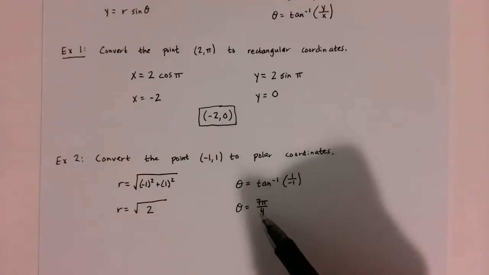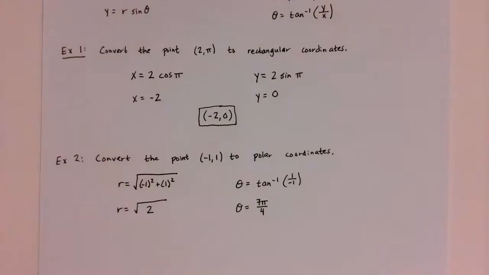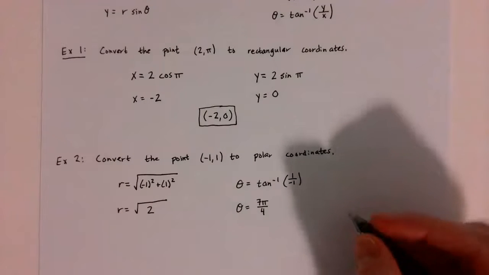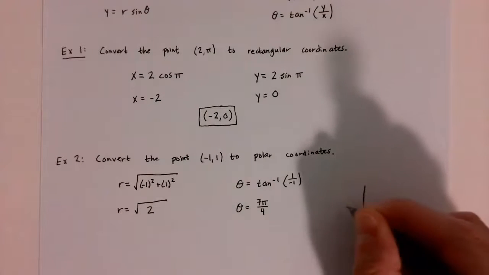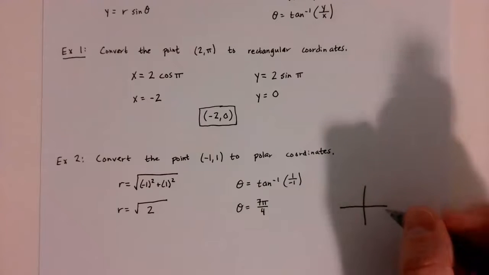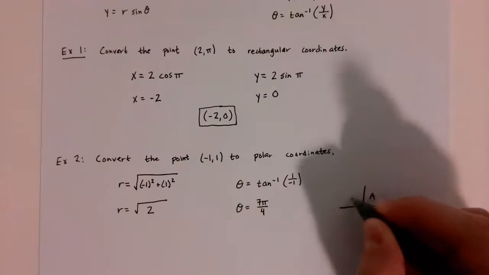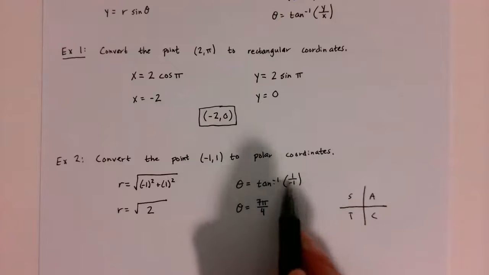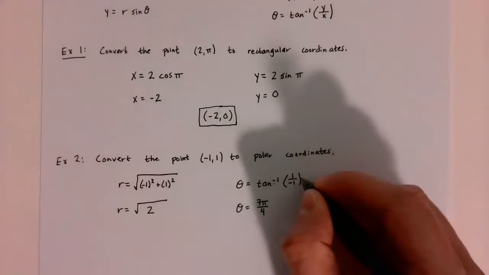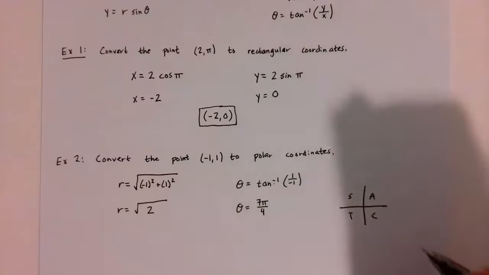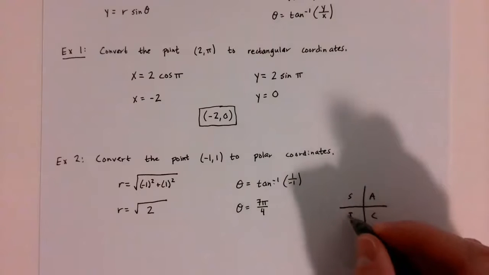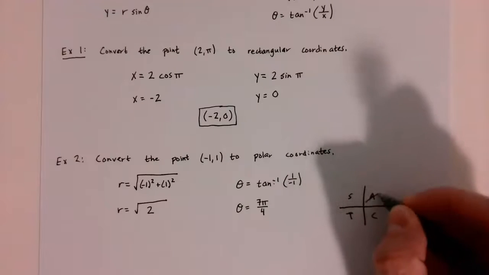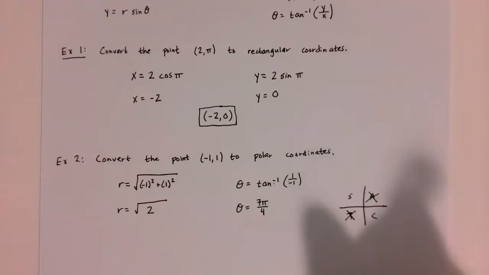So once we have theta equals 7 pi over 4, we have to think about this a little bit, because if we take a look at a couple things, all students take calc, right? We know that we're dealing with a negative value, because 1 over -1 is -1. So if I want tangent inverse of a negative value, it can't be in quadrant 1 and it can't be in quadrant 3.